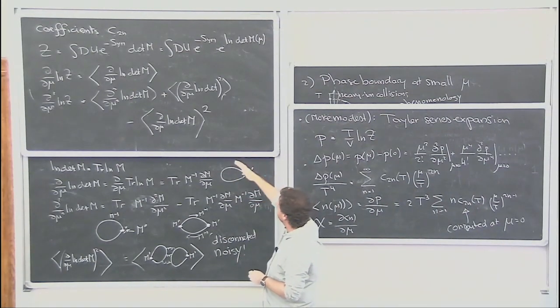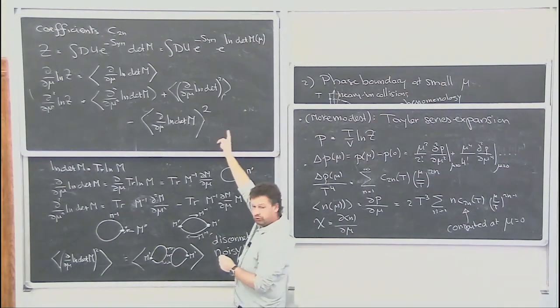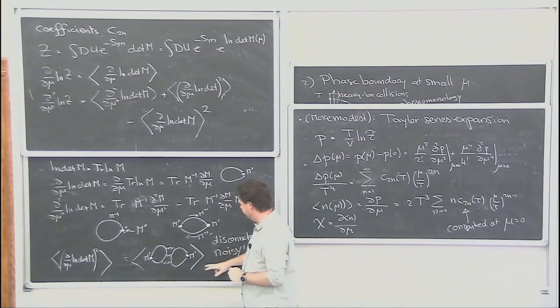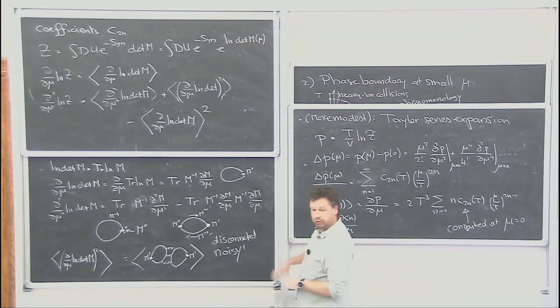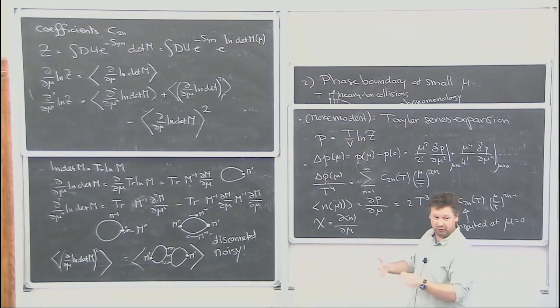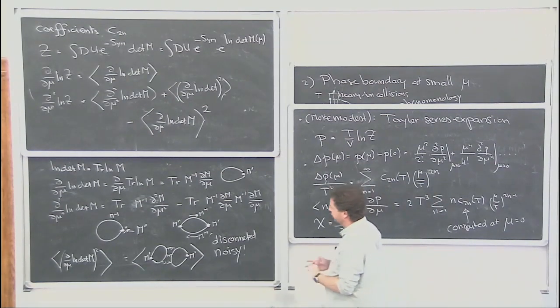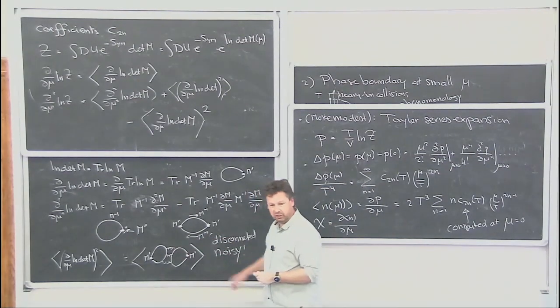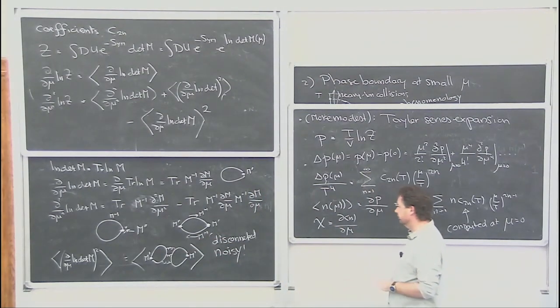But if you go to higher order terms, fourth order, sixth order, eighth order, you get more and more of these terms which contain all these disconnected contributions, which are very difficult to compute numerically. So this is kind of the sign problem coming back, where you have to again beat the noise, but not because the weight is not real, but because the components going into the calculation are very noisy.